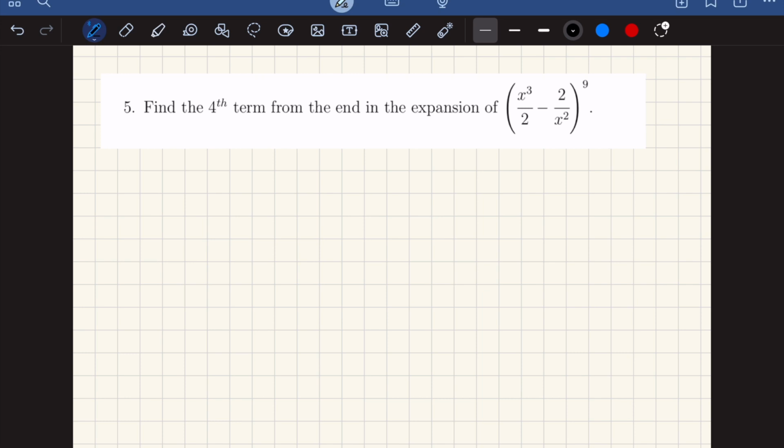So let's see. We will start by just a quick recap of what the coefficients are. So let's say you have an expression like this. What that means is you are basically multiplying this set n times.